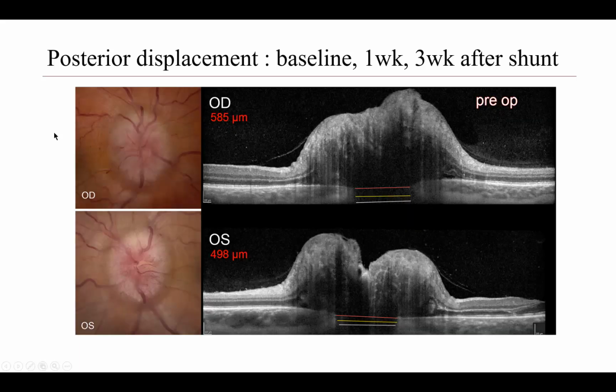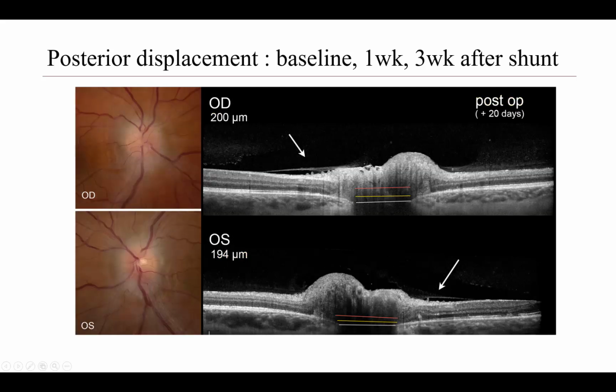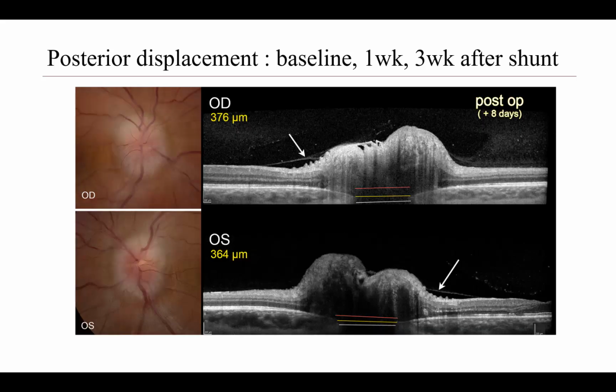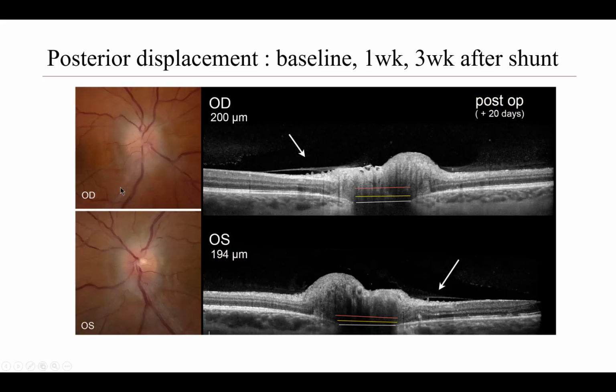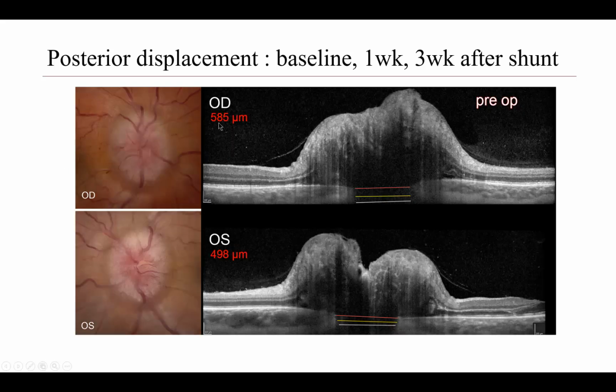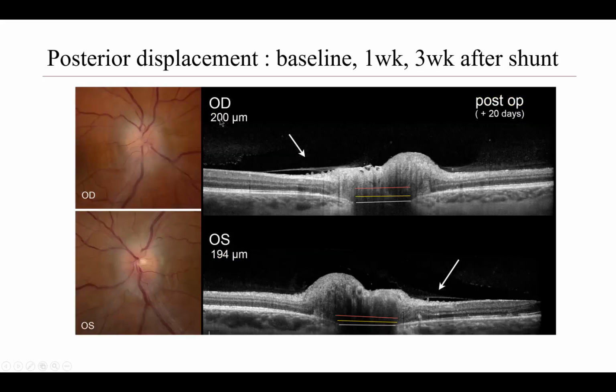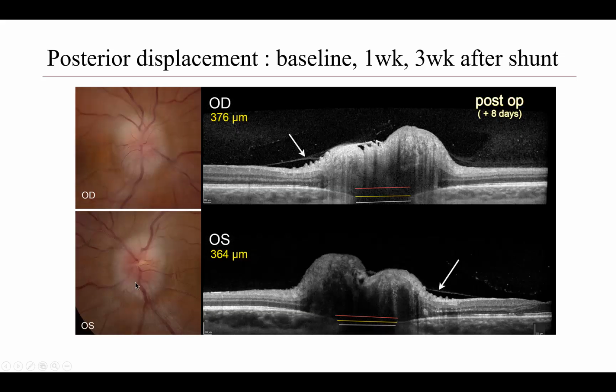This series shows the rapid improvement over a period of 3 weeks in papilledema after a shunt. And you can see that very obviously in the fundus photo, and that's reflected in the mRNFL, which rapidly decreases over this 3-week period.